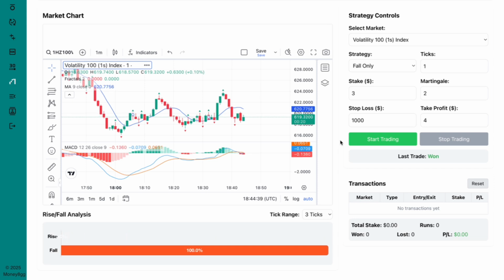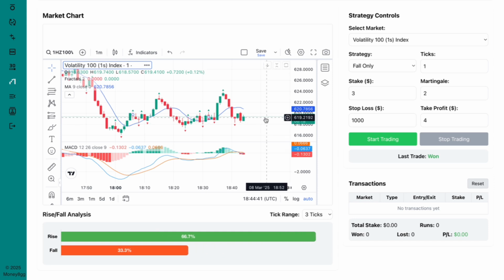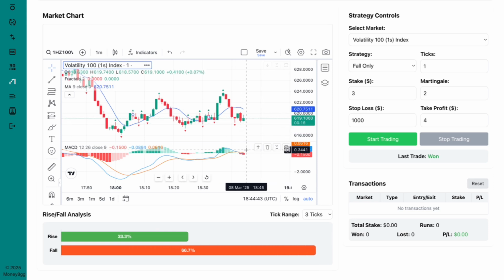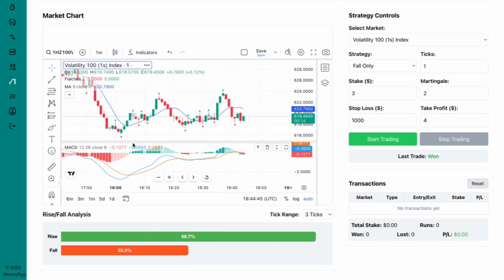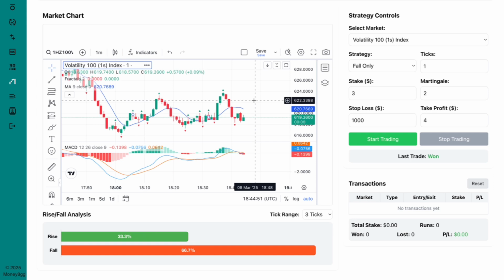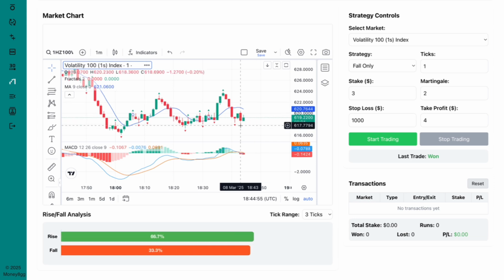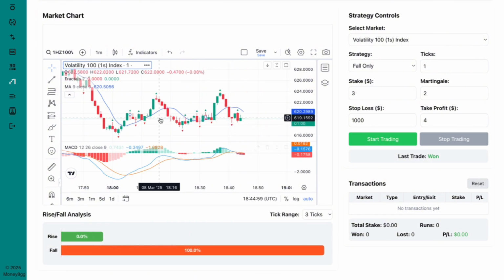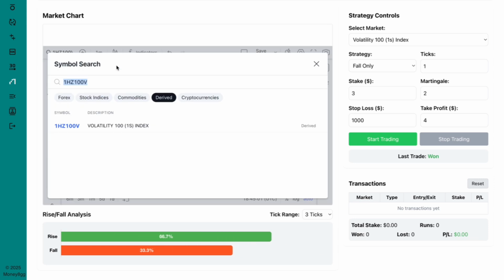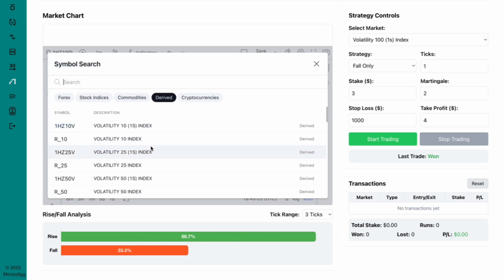Yeah, 21. So you can see this is a moving average, and then this is our MACD here. You can see the fractal is showing the other direction, so it's also not a good place to enter.